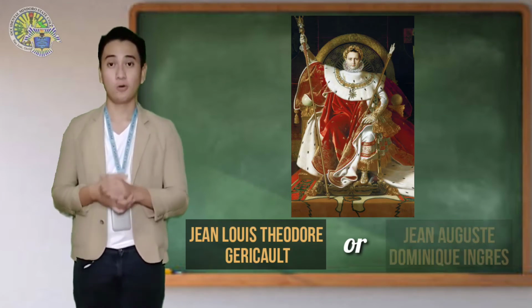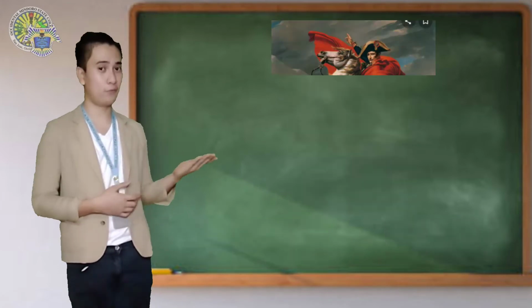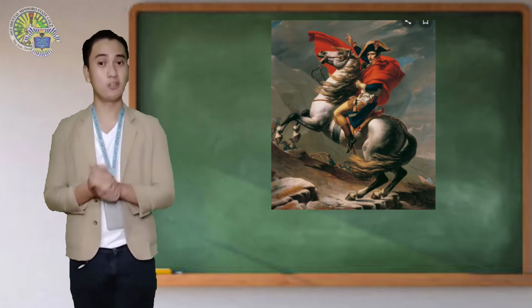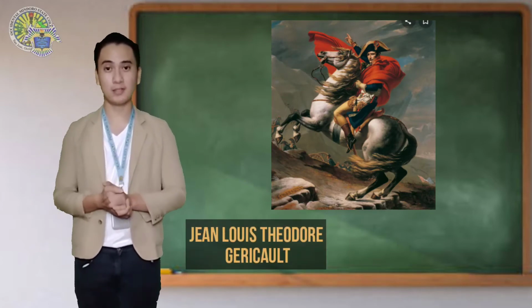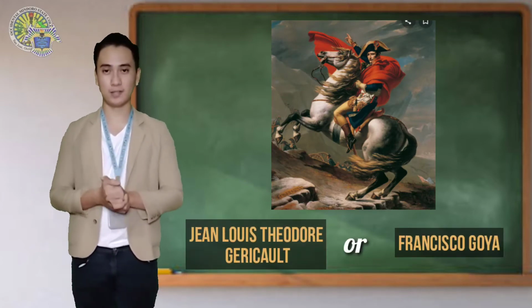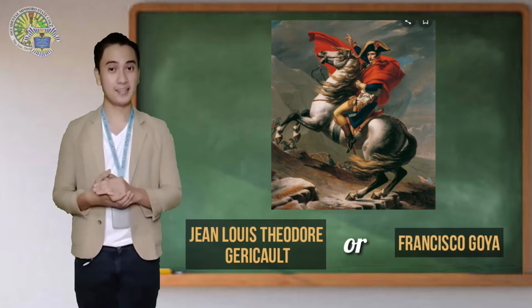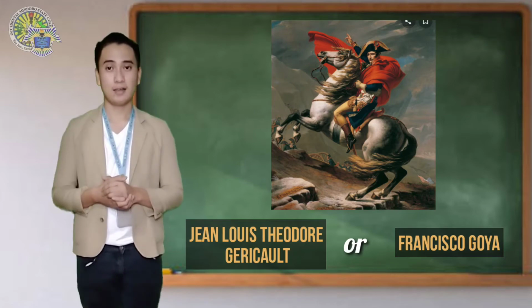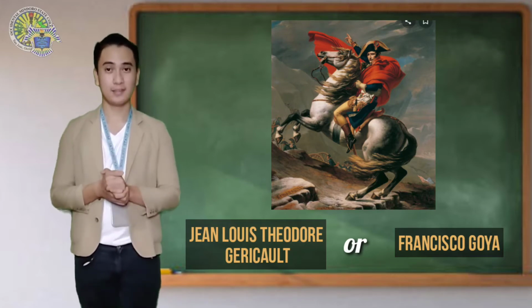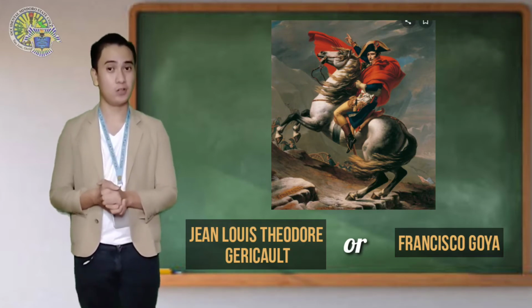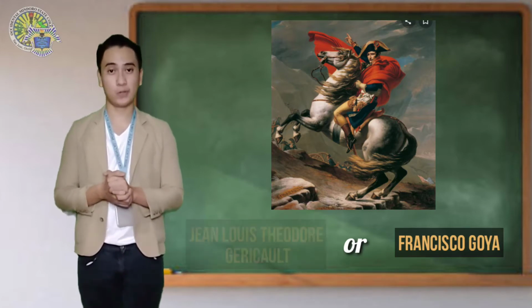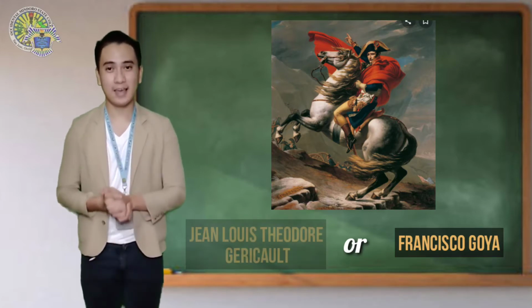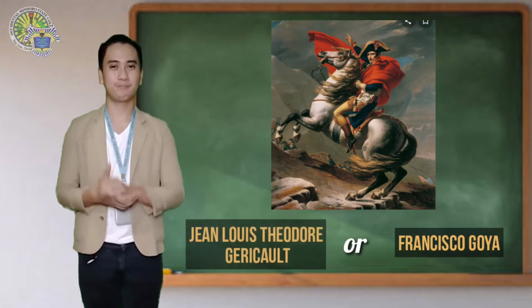Next picture. Who do you think created this wonderful painting? Is it Jean-Louis Theodore Géricault or Francisco Goya? Guess who? Have you chosen already? Okay, if your answer is Jean-Louis Theodore Géricault, you get the correct answer. Very good.